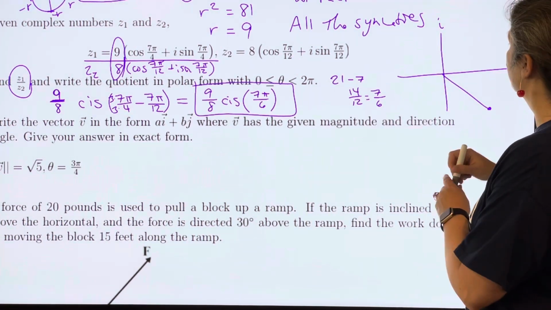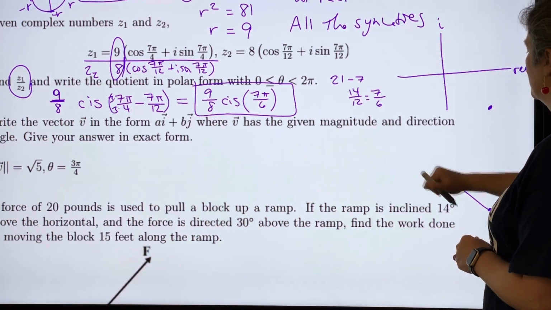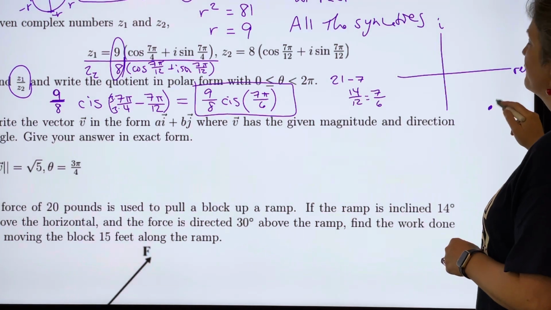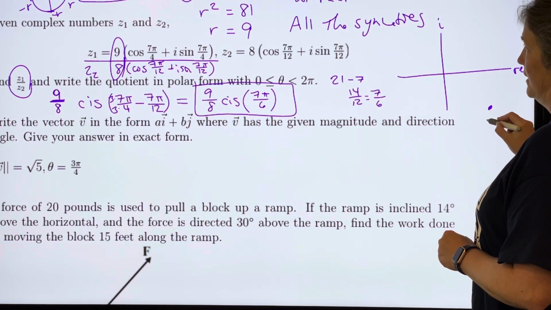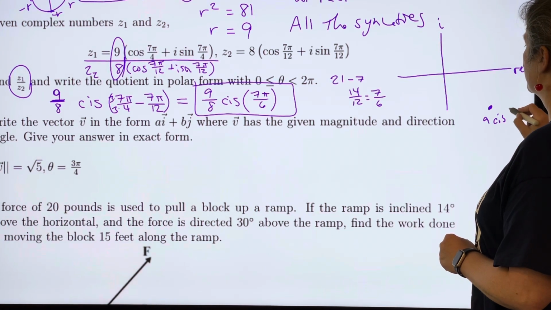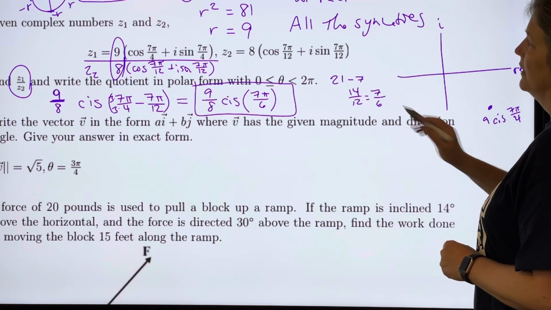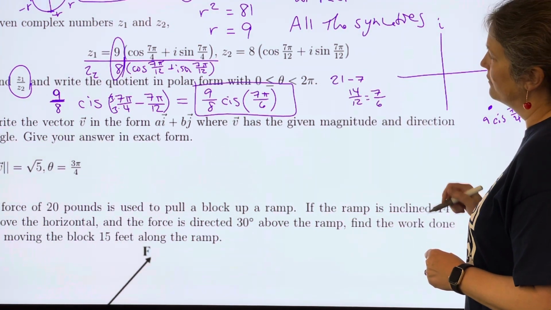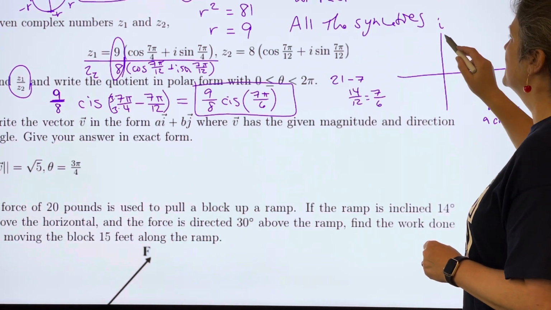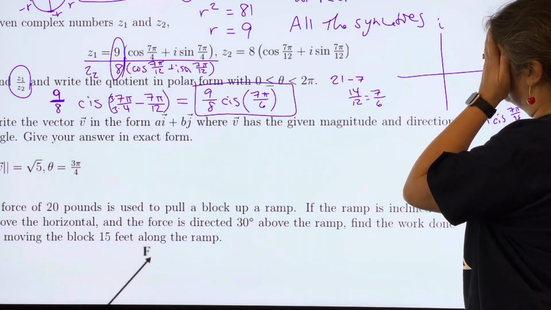But when I take that number, now this line doesn't actually exist there. It's just the point. The line is just describing how far it is from the origin, but this point is 9 cis 7 pi over 4, sorry. Now we need to plot 8 cis 7 pi over 12. 7 pi over 12 is 1 pi over 12 more than half of a pi.